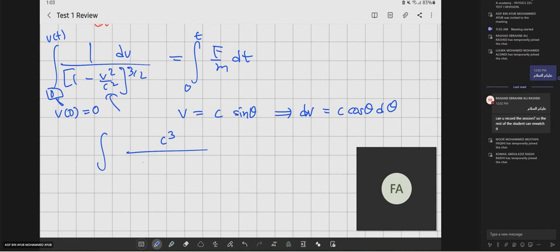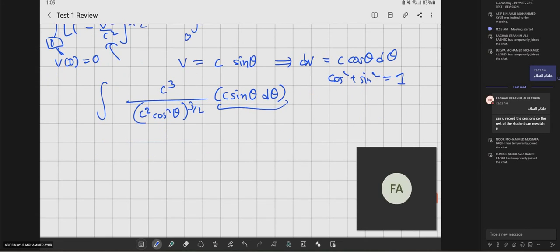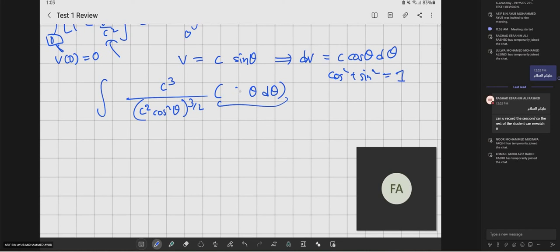And I'll have c squared cosine squared theta raised to 3/2, from the equation cosine squared plus sine squared equals 1. And I'll have c cosine theta d theta, since this is dv. Oh, it's c cosine theta, sorry.